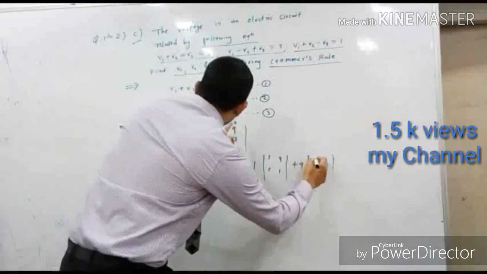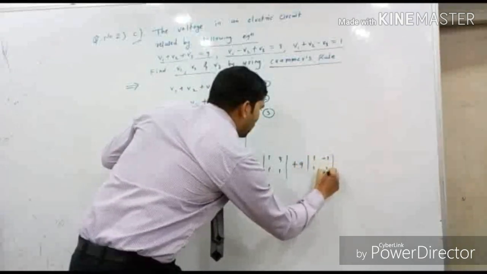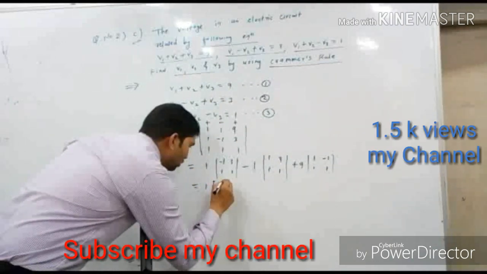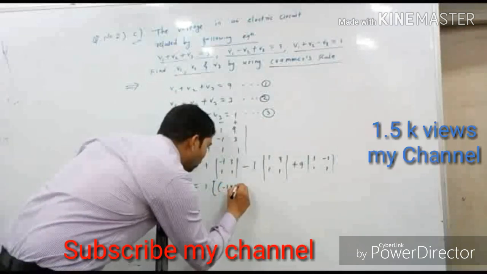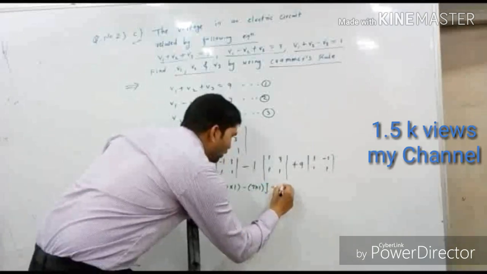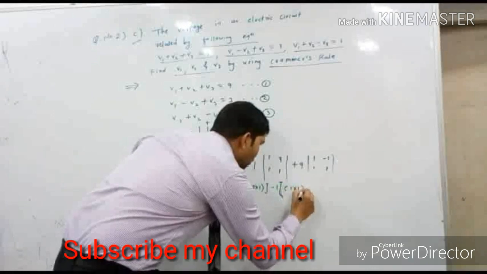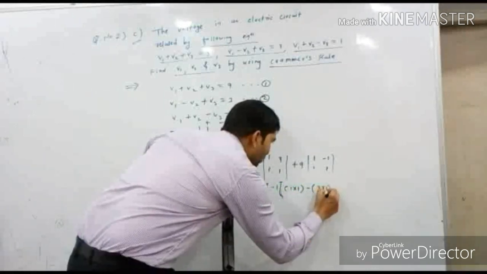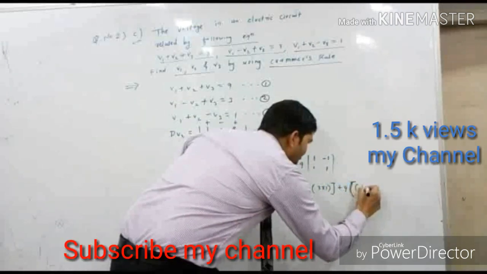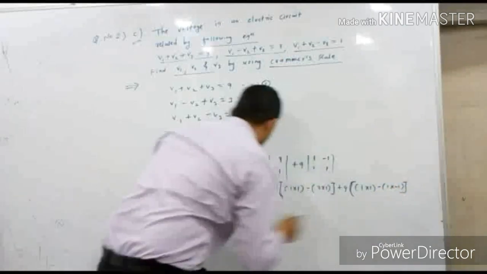And 9 plus 9, this column and this row get omitted. We have 1 1 minus 1 1. So 1 as it is, they take cross multiplication, minus 1 into 1 minus 3 into 1, minus 1 into 1 minus 3 into 1, and plus 9 as it is, then 1 into 1 minus 1 into minus 1.